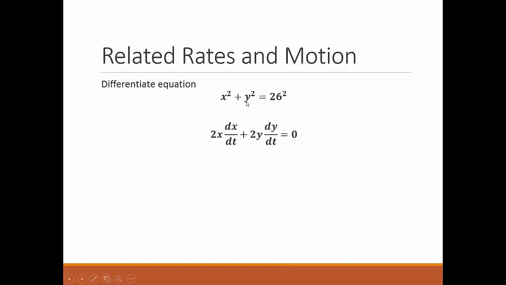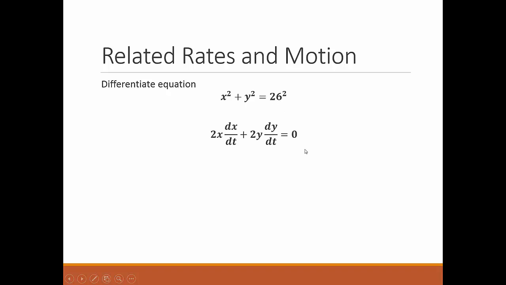So just like we did with implicit, we find the derivative of each one of these, but each one of them is going to have that implicit relationship with respect to time. So first, I found a relationship between these variables with the Pythagorean theorem. Now I take the derivative of each one with respect to time.